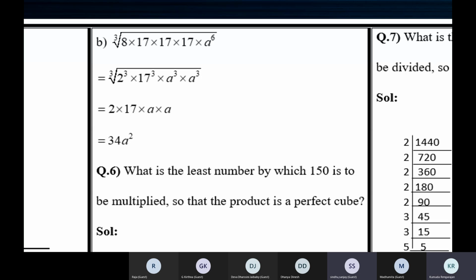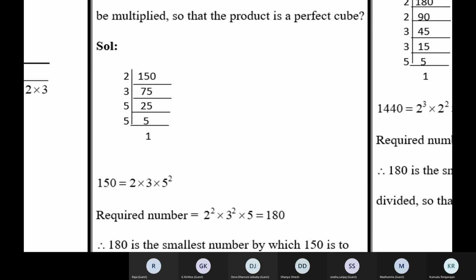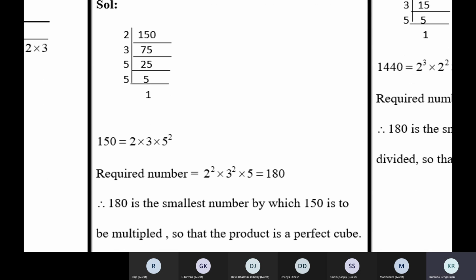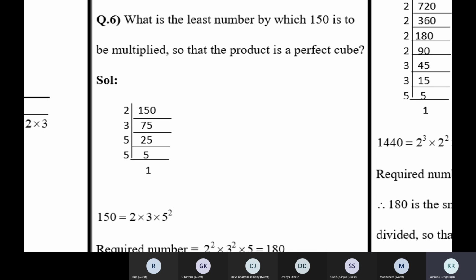Let me just check. Yes, that looks right. Let's see the answer. Yes, you're right. Who was that? Sindhu or Sanjay? We both did it, ma'am. Oh, nice. Okay. All right.